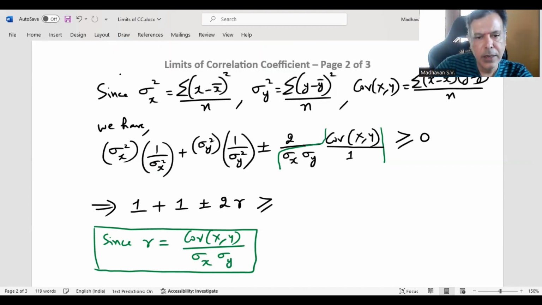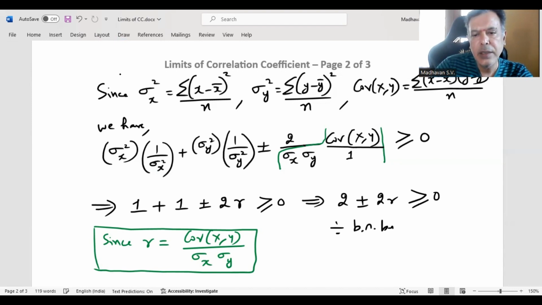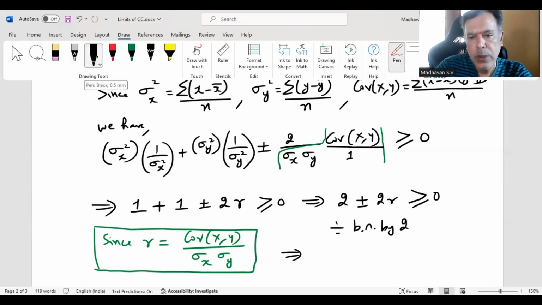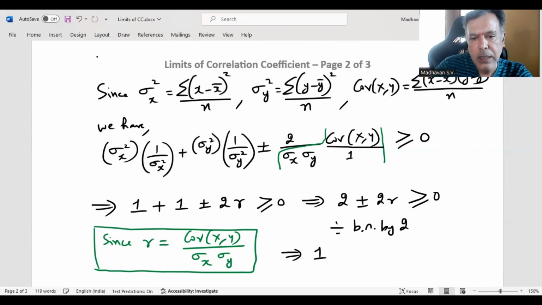This is greater than or equal to 0. That means 2 plus or minus 2r is greater than or equal to 0. Divide both sides by 2. We will have 1 plus or minus r greater than or equal to 0.